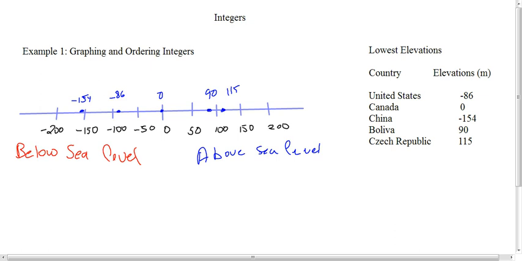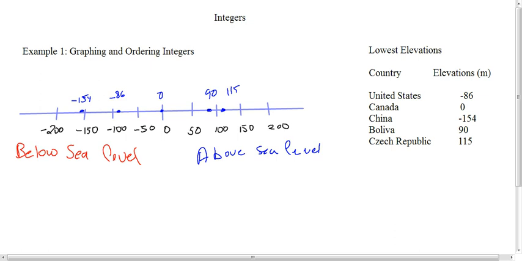Okay, so with that, we can see that if we plot the United States at a negative 86, we will start at 0 and go to a negative 50, and it will fall between a negative 100 and a negative 50. So I put my little point, and at the top put negative 86.